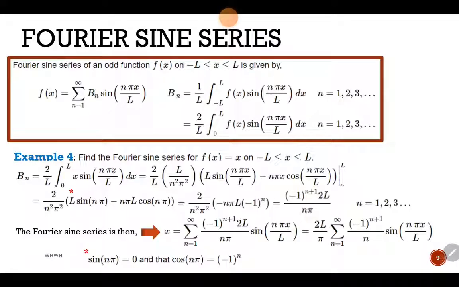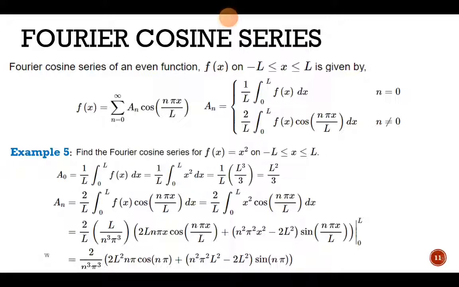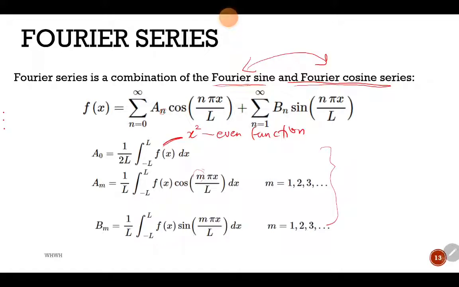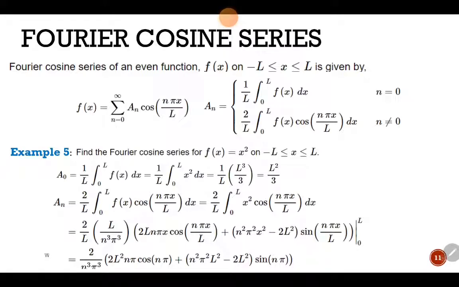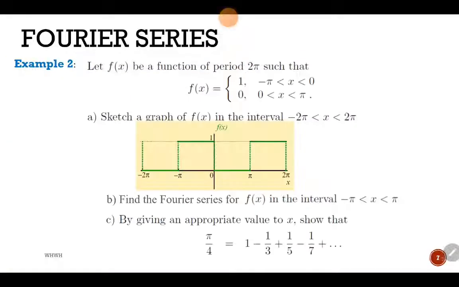Yang ni saya akan explain dalam kelas, so hopefully kamu boleh refer balik. Okay ni, 1 over L. Kenapa dia 1 over L instead of 1 over 2L macam dalam formula? Sebab fx is an even function. Even function, dia punya by default ada letak 2 kat depan.